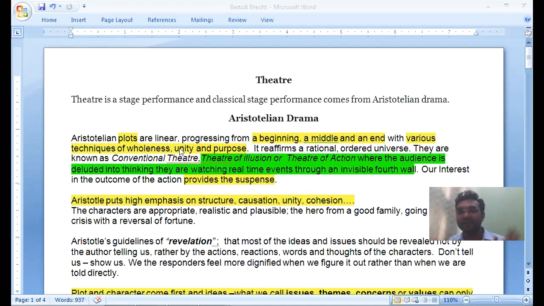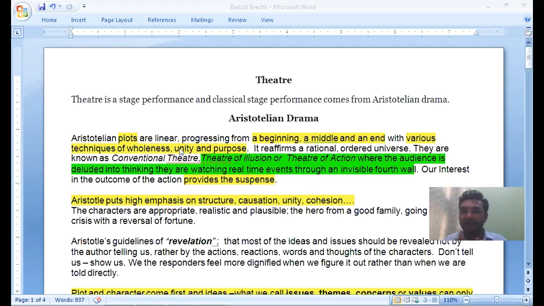Coherence. Do you understand coherence? Coherence is the set of rules in a chronological sequence. What must be in the beginning, what should be in the middle, and what must be in the end. The middle must follow the beginning, and the end should follow the middle.